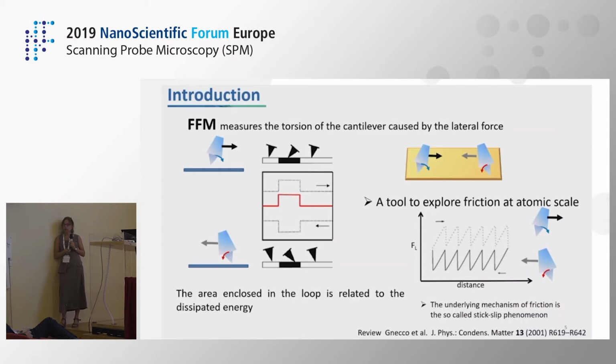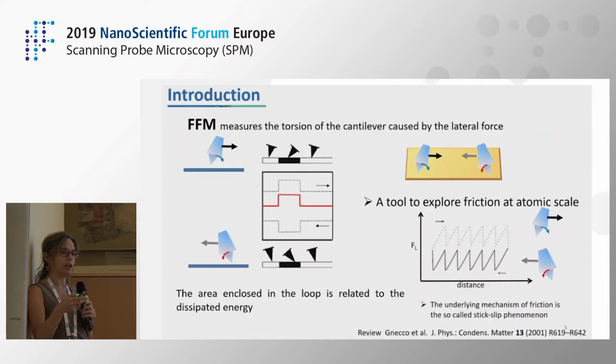This was a very important development because it allowed for the first time to explore friction at the atomic scale. And at the atomic scale, the lateral force shows this kind of tooth shape, which is due to the stick-slip mechanism, due to the interaction of the tip with the periodic atomic potential in the surface.